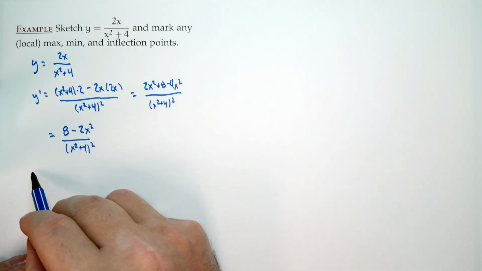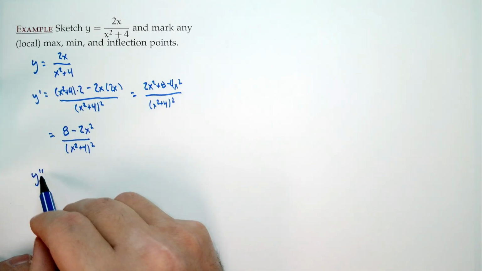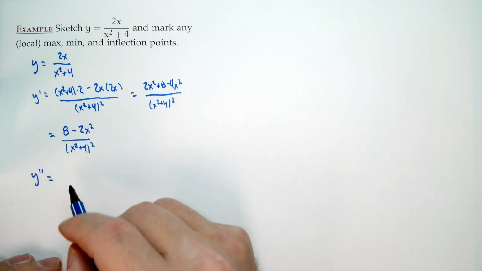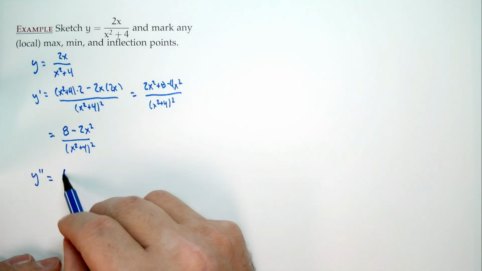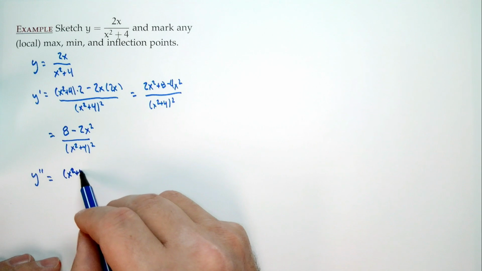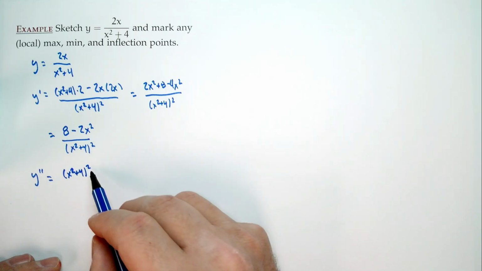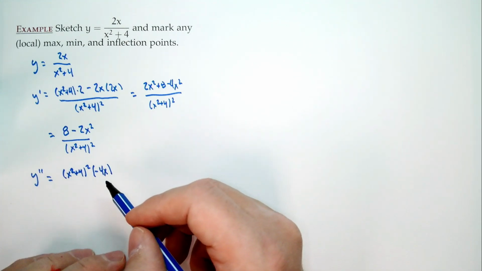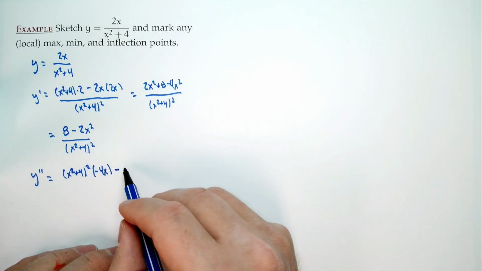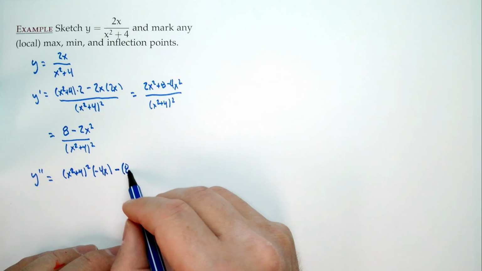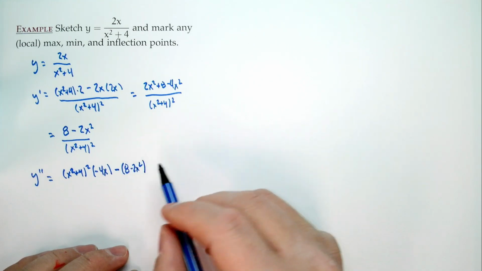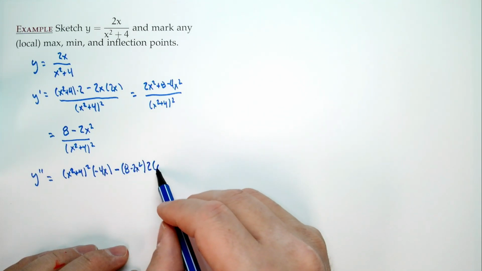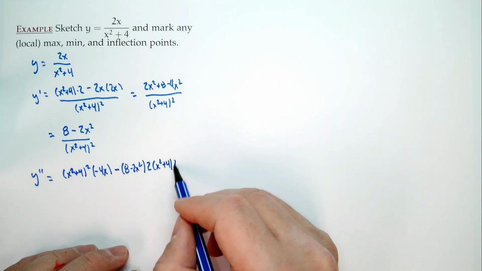Let's do the second derivative. Y double prime. What is that? Well, again, take the bottom, x squared plus 4 squared, times the derivative of the top, negative 4x. And then we're going to take that, subtract the top, 8 minus 2x squared, times the derivative of the bottom, which is 2 times x squared plus 4 times 2x.